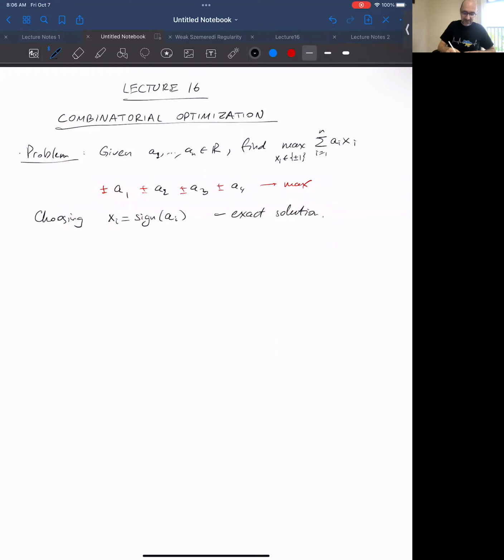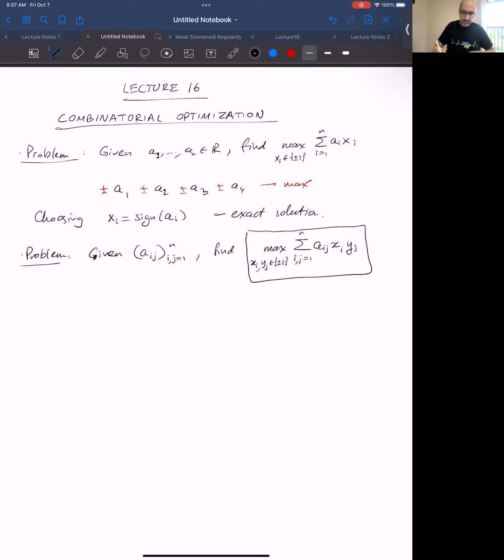Okay, next one step up. Now let's say we are given a matrix of numbers, an array of numbers, aij, from 1 to n. So we have a matrix, and we would like to find the same thing, i and j now go from 1 to n, the sum of aij xi yj, and we are also allowed to choose the signs. xi and yj are the signs, plus or minus 1.